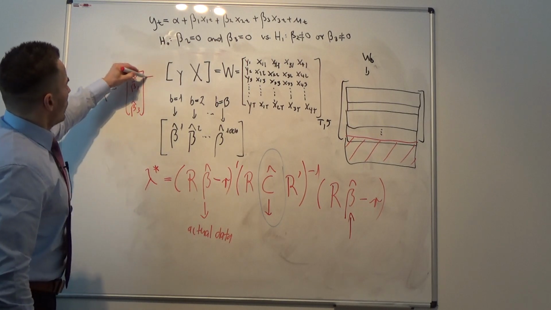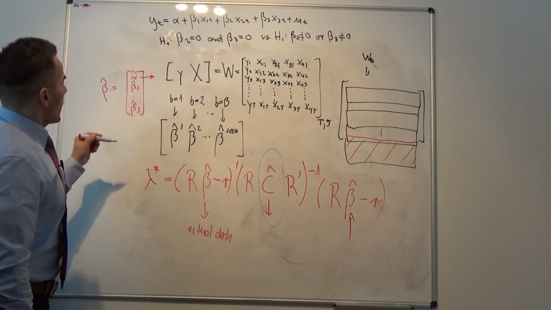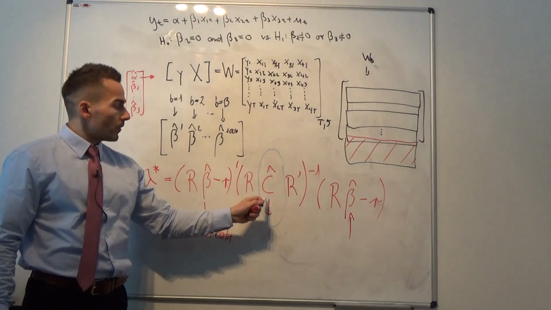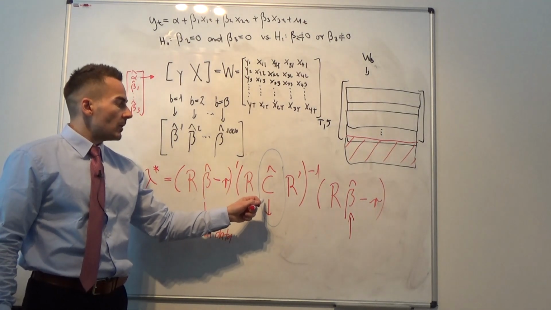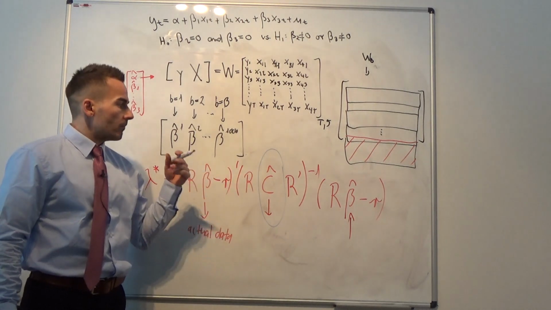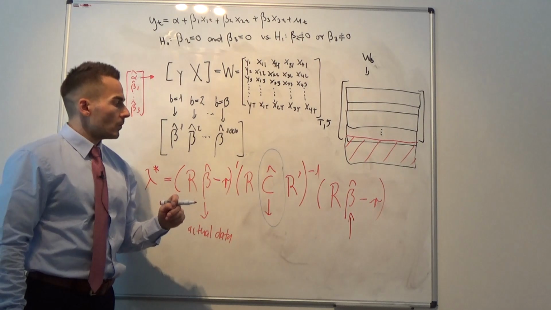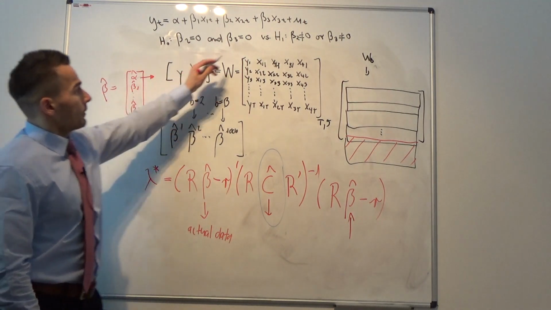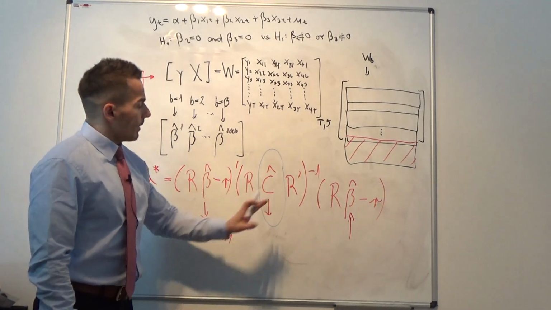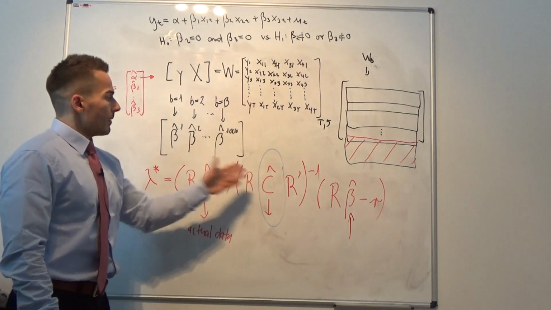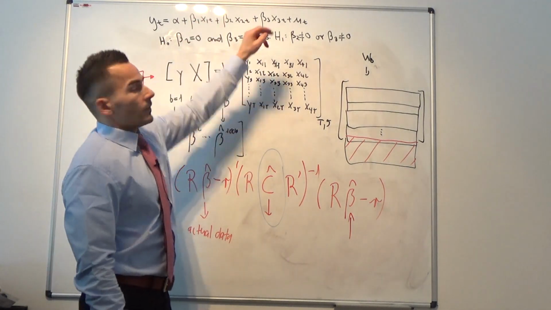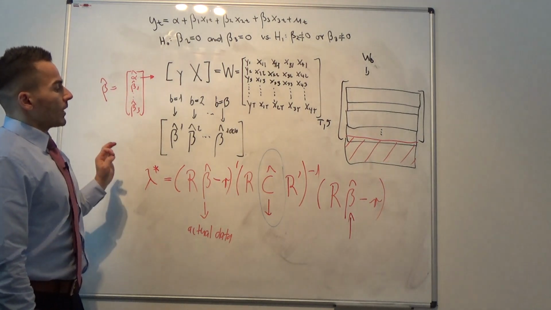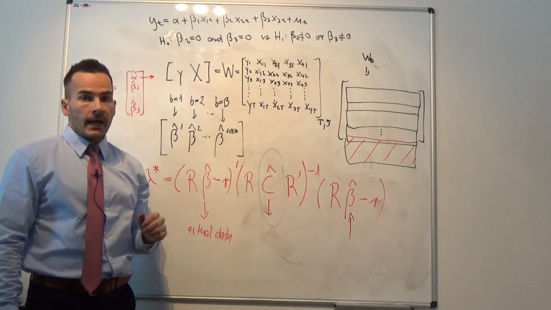We would grab the first element, our estimated alpha hat, and divide it by the square root of the first element on the main diagonal of C hat, because that's the bootstrapped variance of our alpha hat. So the bootstrapped T statistic is the original alpha hat from the actual data divided by the square root of the first element on the main diagonal. Very simple. In the same manner, we would estimate the T statistic for beta 1, 2, and 3. We would grab the corresponding element from the original beta hat parameter vector and divide it by the square root of the corresponding element from our C hat matrix.